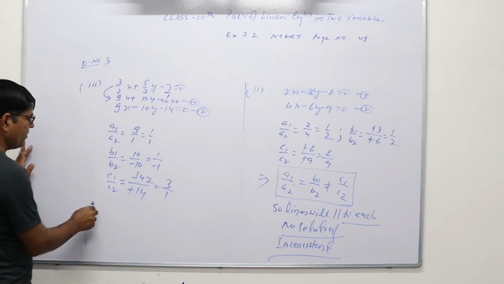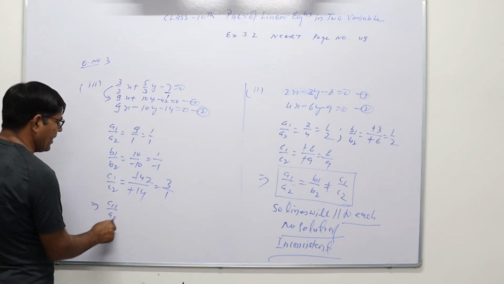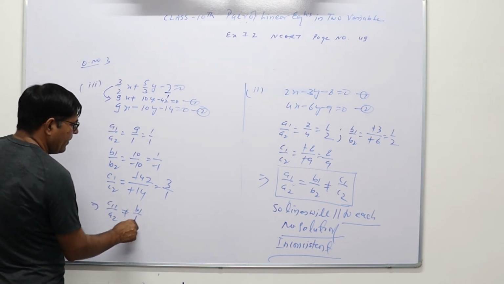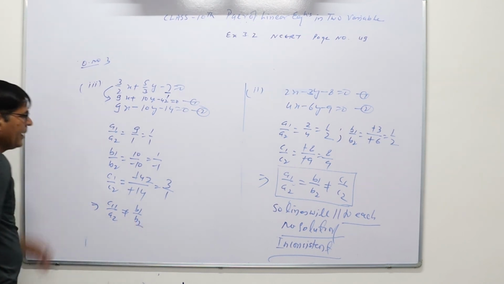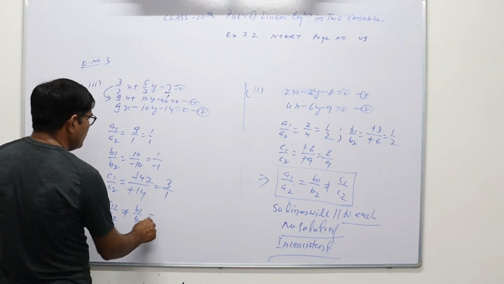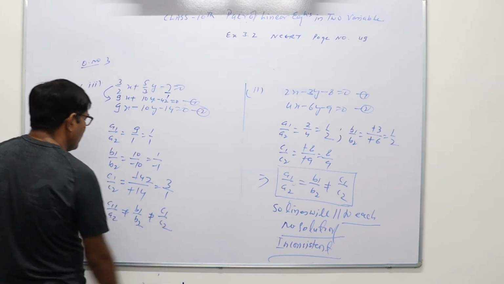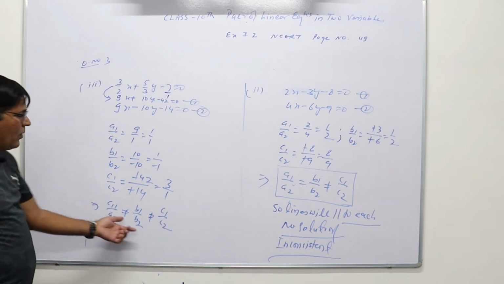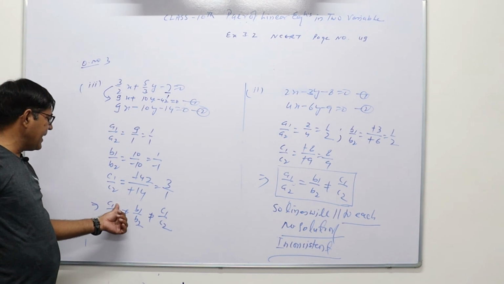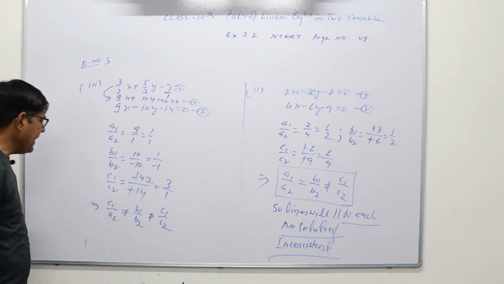So by simple observation here, a1 upon a2 not equals to b1 upon b2 and not equals to also c1 upon c2. So if a1 upon a2 not equals to b1 upon b2, then lines will intersect.